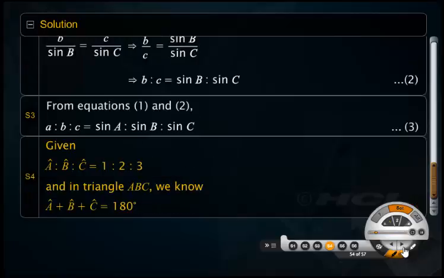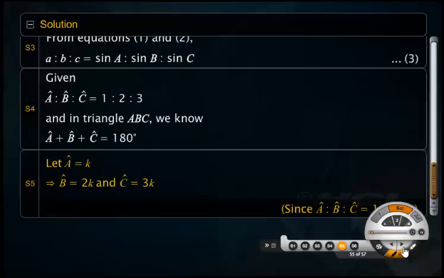Given that angles A to B to C are in the ratio 1 to 2 to 3, and we know that the sum of the three angles in any triangle is 180 degrees. Let the angle A equal k. Since angles A, B and C are in the ratio 1 to 2 to 3, angle B equals 2k and angle C equals 3k.